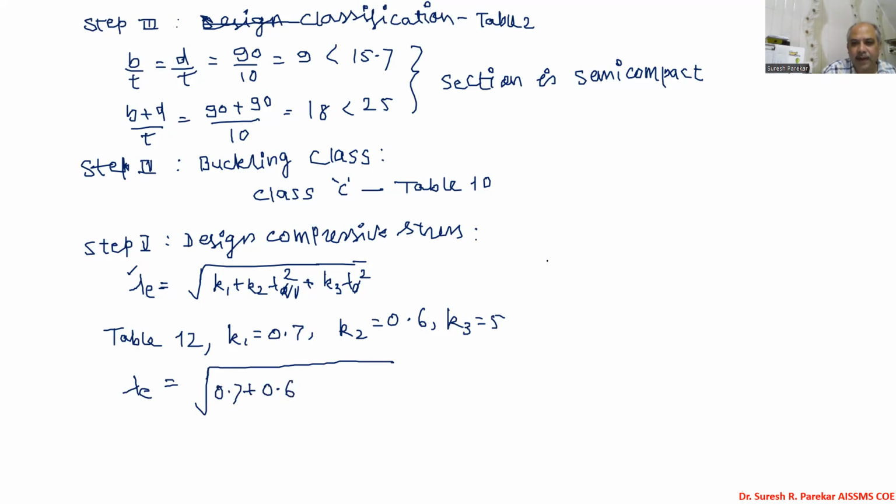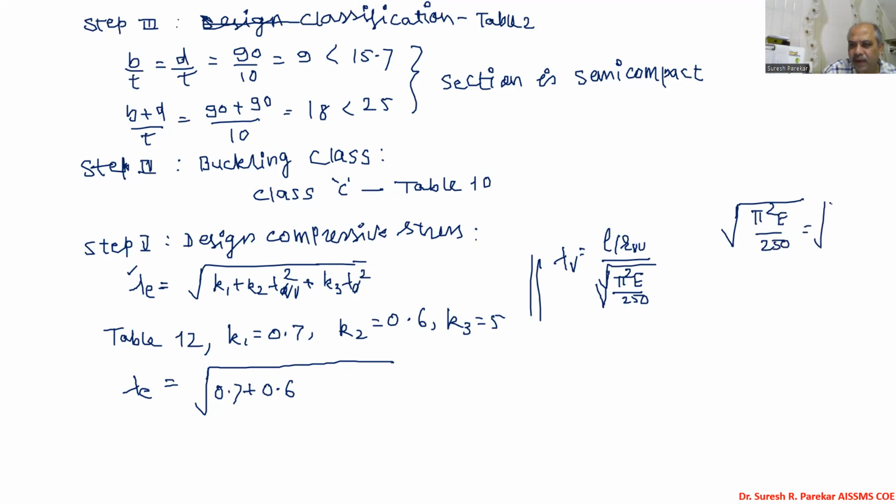Actually, we have to find lambda vv and lambda phi. So lambda vv is equal to L upon r_vv divided by root of pi square E upon 250. Now we will find the value of root of pi square E upon 250, which is required for both, equal to root of pi square into 2 into 10 raised to 5 upon 250.